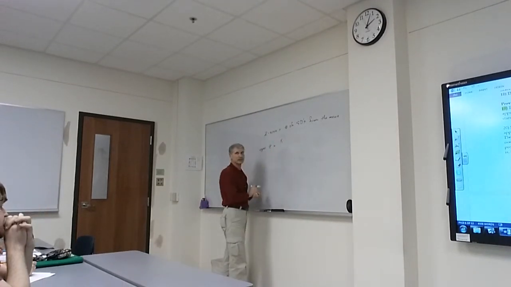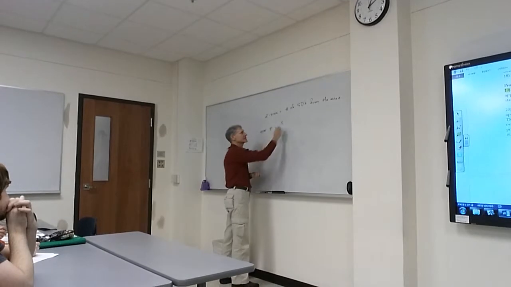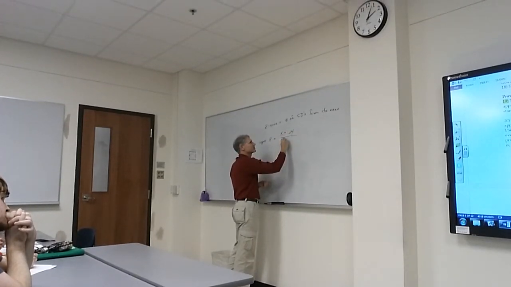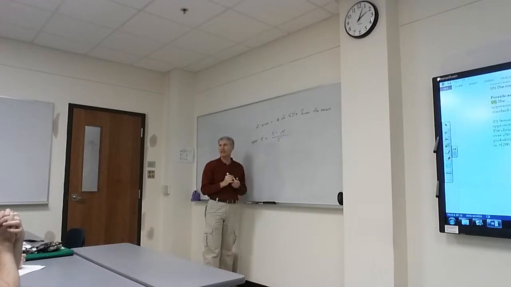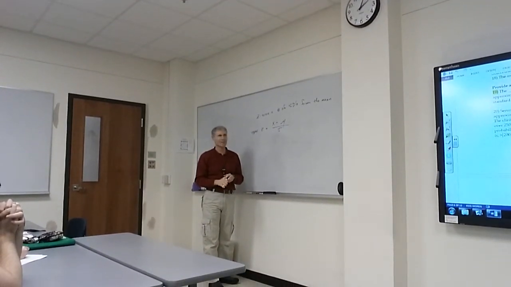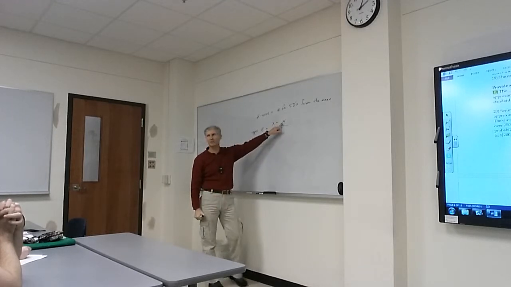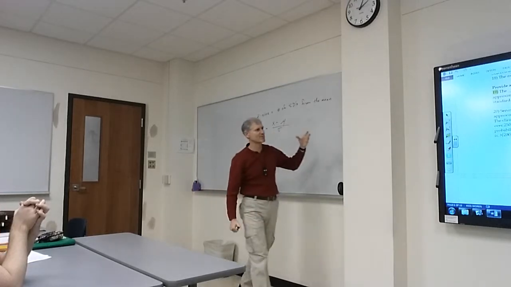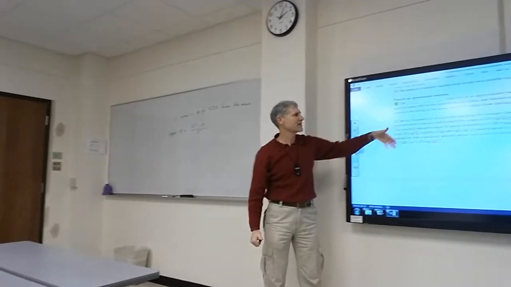Okay, the value of interest, which is 250, minus the mean over the standard deviation. Now I'm using Greek letters, which means population parameters. Mu for population mean, sigma for population standard deviation. And I'm using that because that's the way they gave it to me.